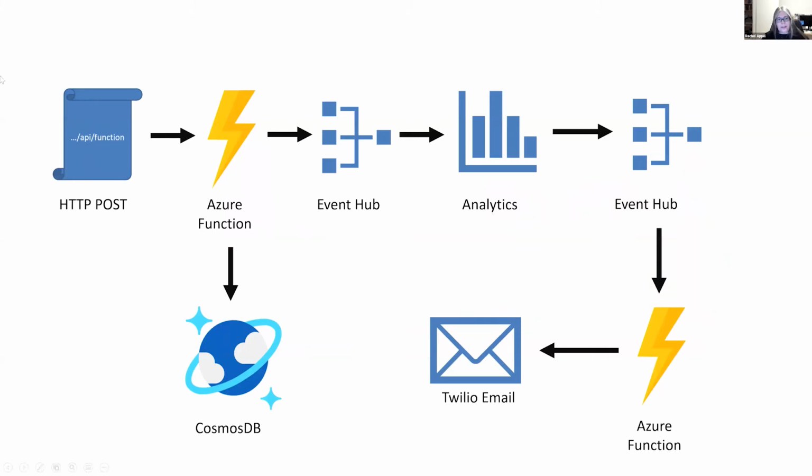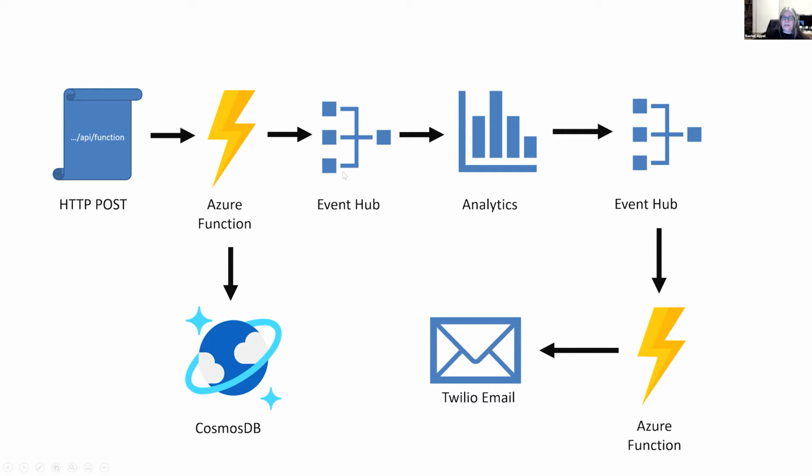Here's a slide that shows what it might look like to have a complex app with functions, and this isn't even all that complex compared to some. Perhaps somebody makes an HTTP post, and that triggers off an Azure function, which then plops some data in a Cosmos DB.